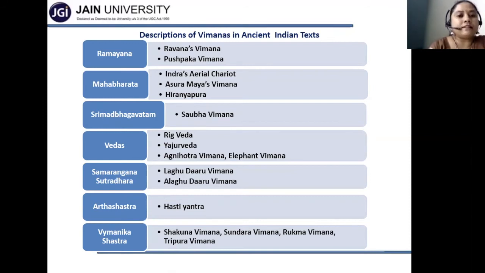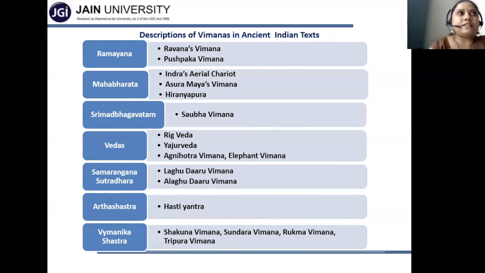We have a description stating that Indra's Amaravati had a very big airport which could park thousands of Vimanas. And we find the description stating that hundreds of Vimanas were flying in all the directions. This is something which we will not even see these days. If we think of it, we should think about the advancements during our ancient era.